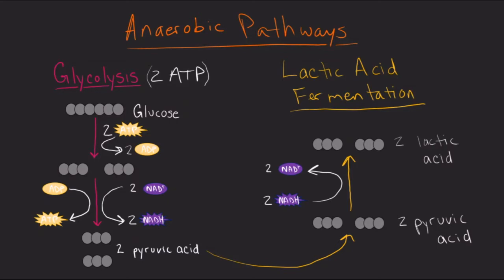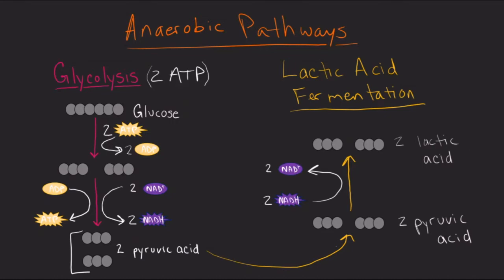And so these 2 pyruvic acid molecules right here at the end are going to jump over into fermentation. And those two pyruvic acid molecules are going to go through a process that converts them into two lactic acid molecules, hence the name lactic acid fermentation.